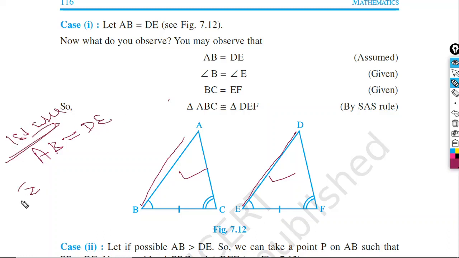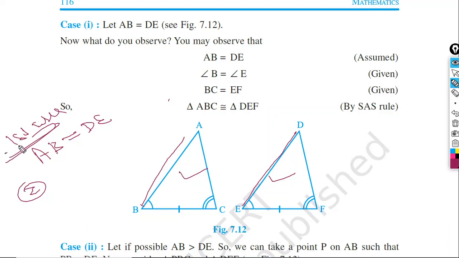Second case, AB may be greater than DE. We have taken two sides; they may be equal, or one may be greater or smaller than the other. Three situations will arise. AB and DE will be equal, or AB will be greater than DE, or AB will be smaller than DE.